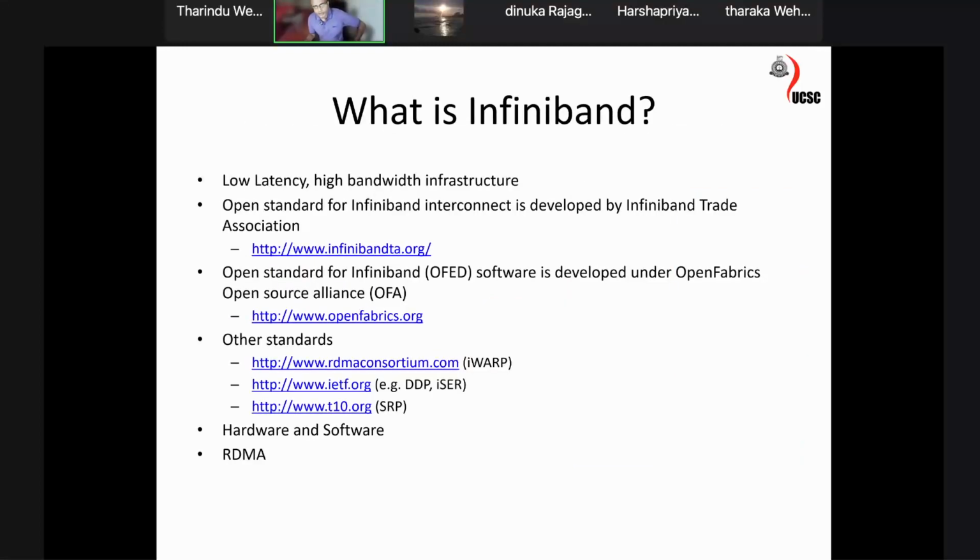I added a few slides for your reference, but I'm not going to test them in your assignments or the final examinations. This is about the alternative protocol for high performance computing and ultra low latency networks. The software consortium is OpenFabrics, and the hardware standardization consortium is IBTA.